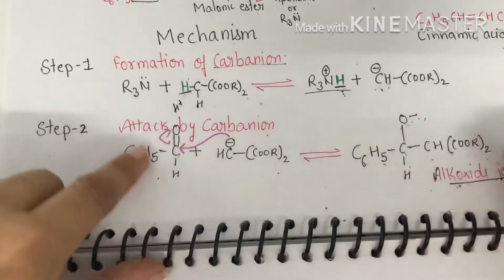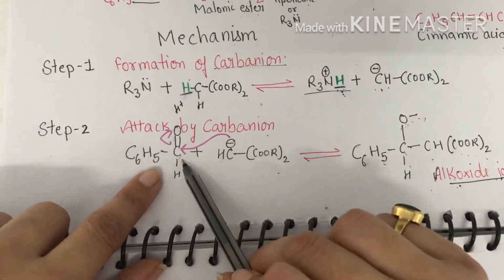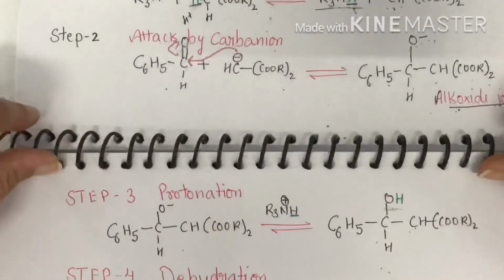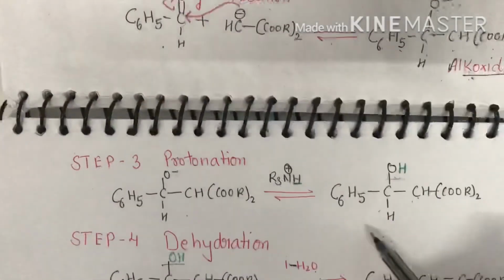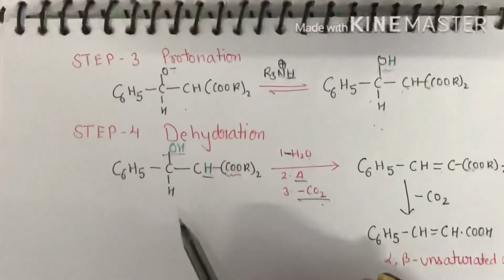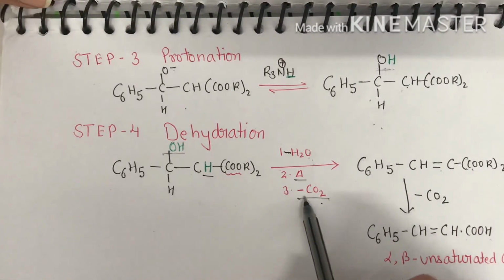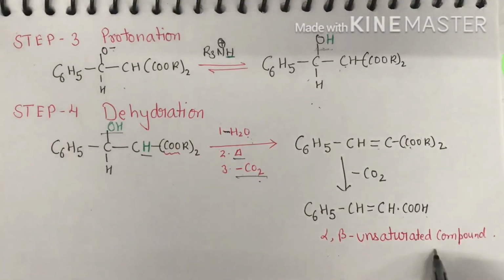This carbanion attacks the carbonyl group of aldehyde and then alkoxide is formed. This alkoxide abstracts the proton from the base. This aldol type product is formed and then dehydration takes place. Dehydration is removal of water molecule, and subsequently this desired product is formed. This is all about Knoevenagel reaction.